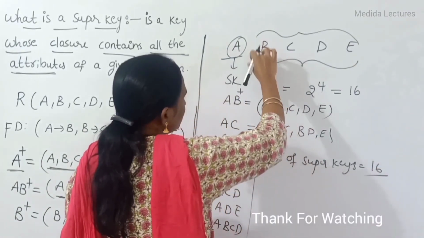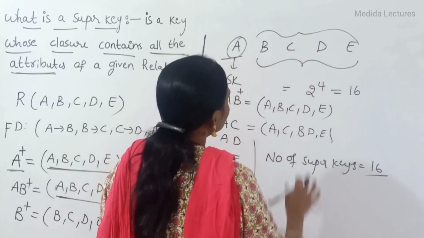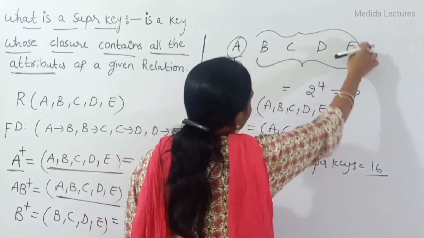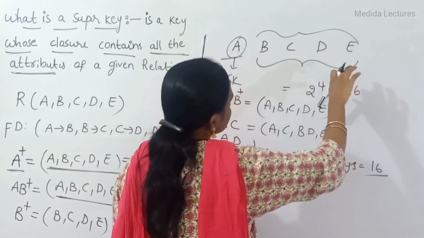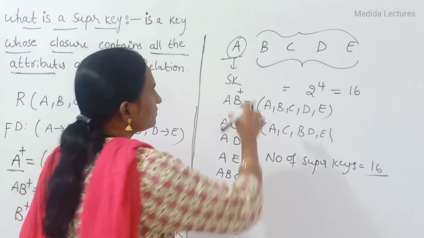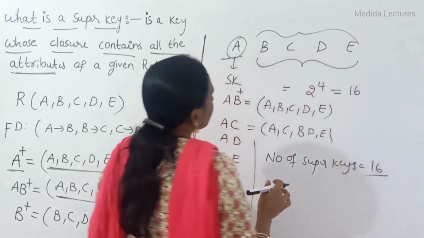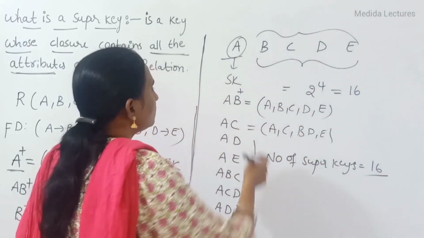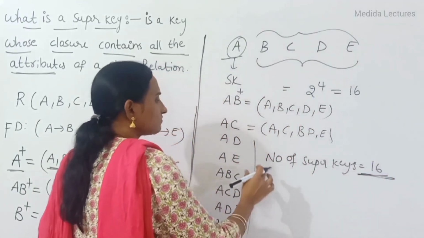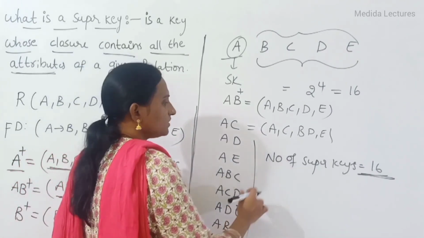For example, if B were a super key, B with remaining attribute combinations would be super keys, and then we would get more super keys. But in this problem, B is not a super key, so we cannot get any more super keys. Only these 16 super keys are possible for this problem.